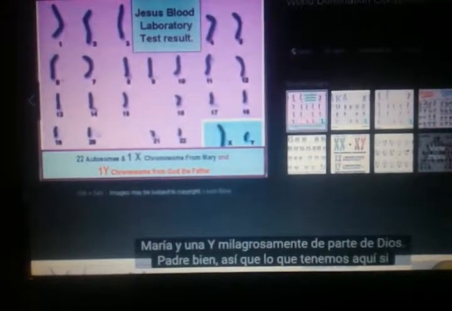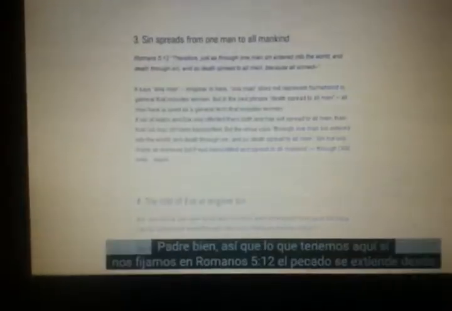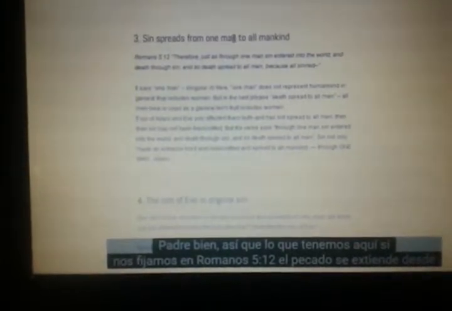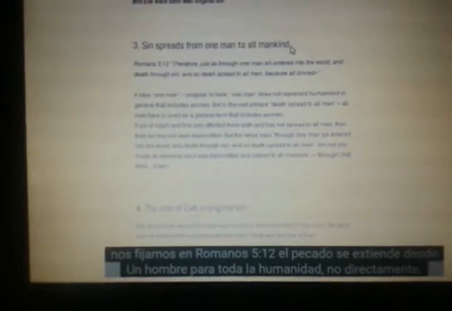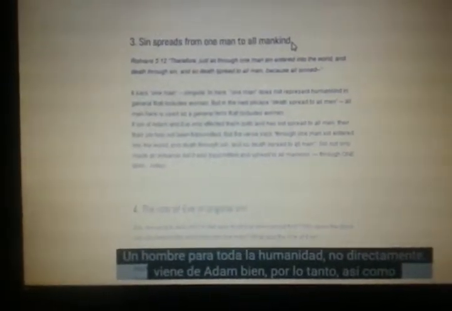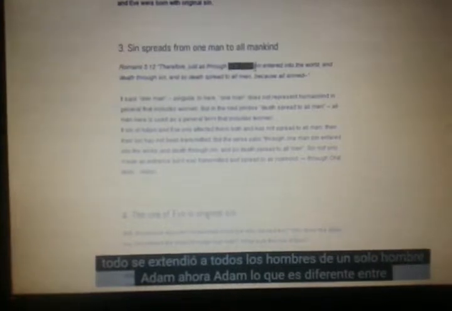All right, so if you look at Romans 5:12, sin spreads from one man to all mankind. It directly comes from Adam. Therefore, just as through one man sin entered the world, so it spread to all men from one man, Adam.